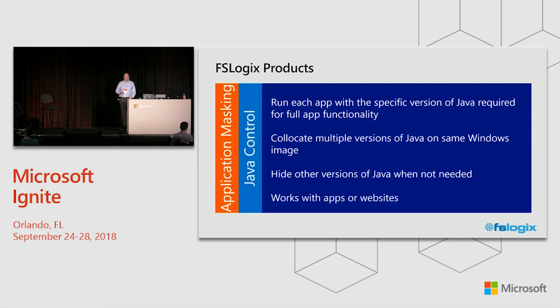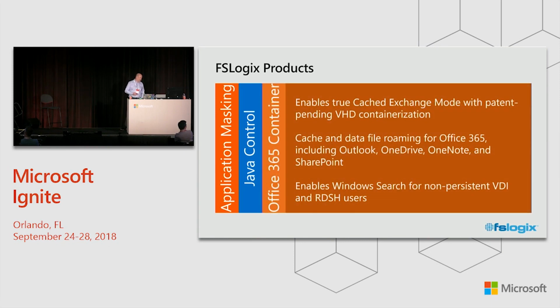We do a similar thing for Java applications and websites. If you've got old versions of applications that require previous versions of Java, you can specify what versions of Java those run with and let you run all of your other stuff with the latest version of Java. Our hottest product right now is our Office 365 container.